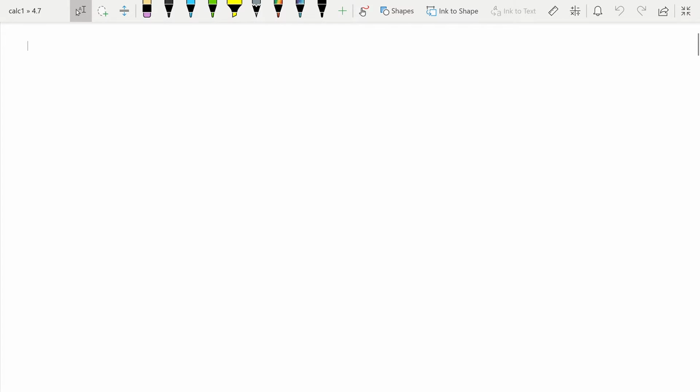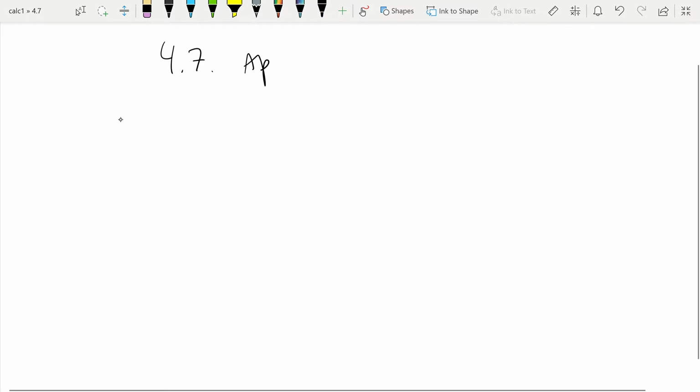So finally, we've come to the last section of the course, which is applied optimization. This is section 4.7. Applied optimization.